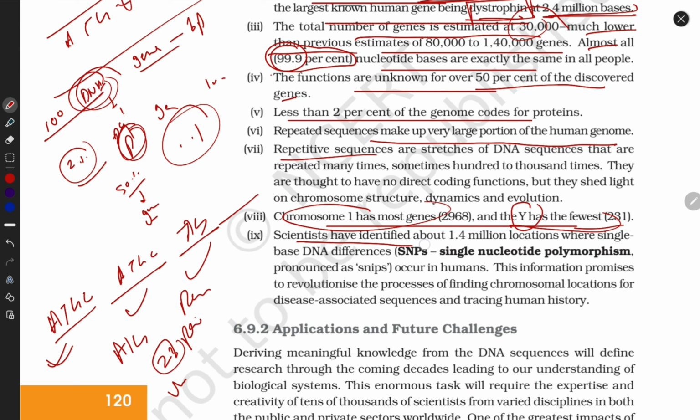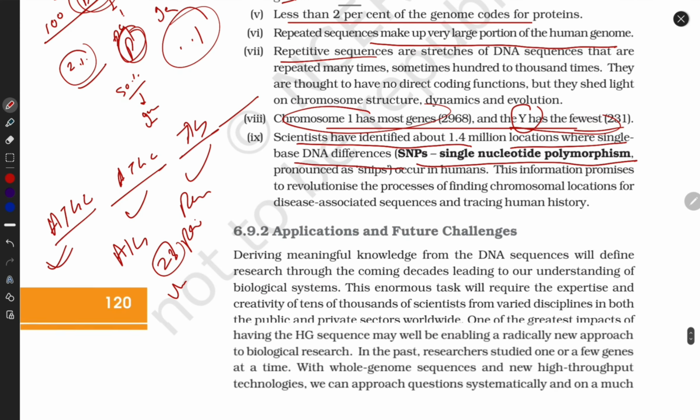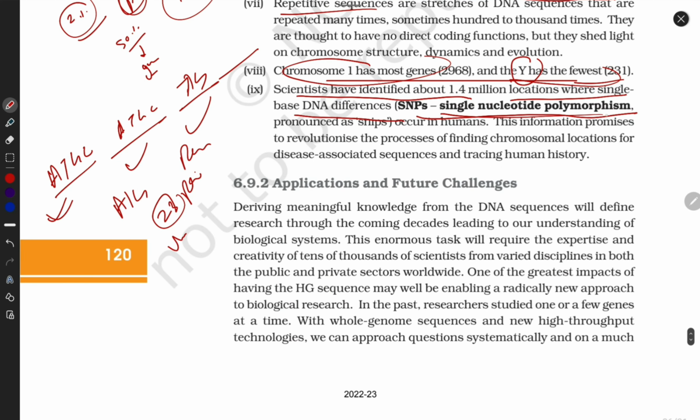That's it. Scientists have identified about 1.4 million locations where there is a single base DNA difference, called single nucleotide polymorphism. What is a single nucleotide polymorphism?